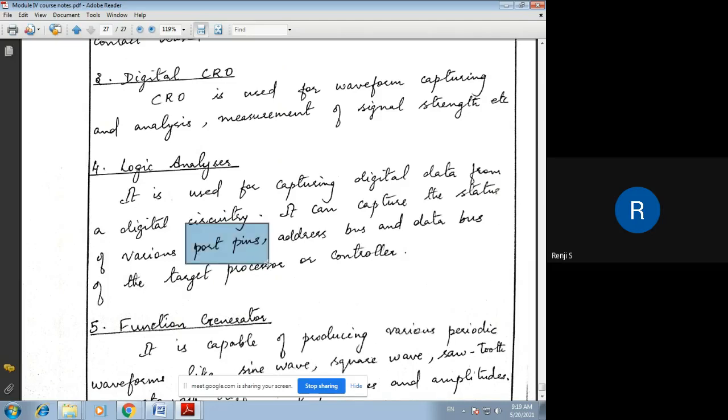That is, we get zeros and ones in our ports. These values are carried on the address bus, data bus, etc. They carry the zeros and ones. So to test digital data, we use the logic analyzer.